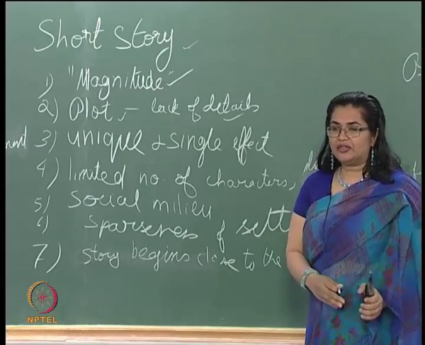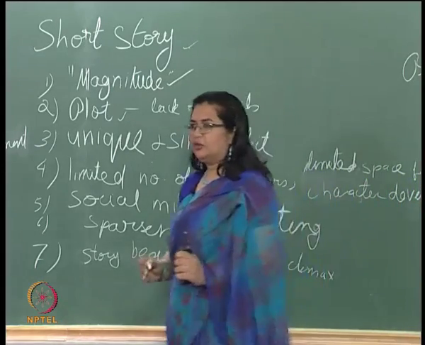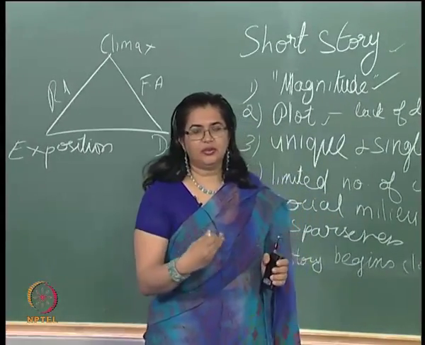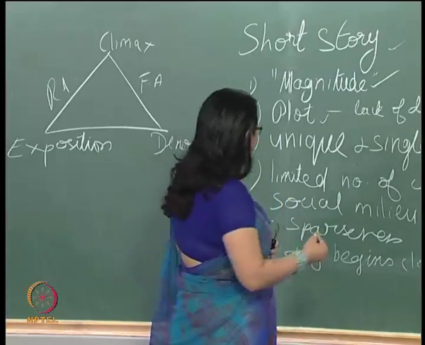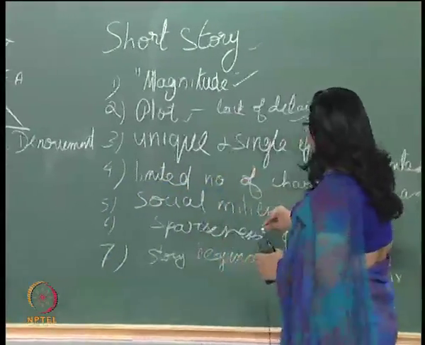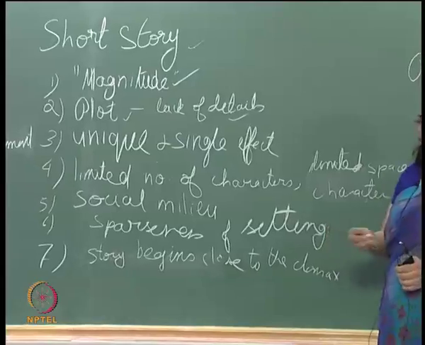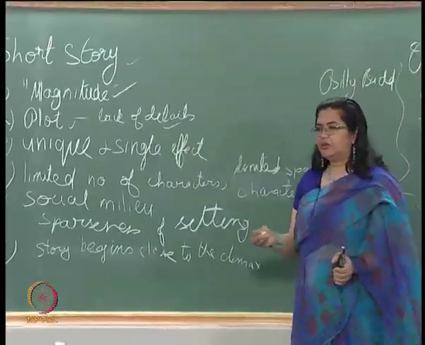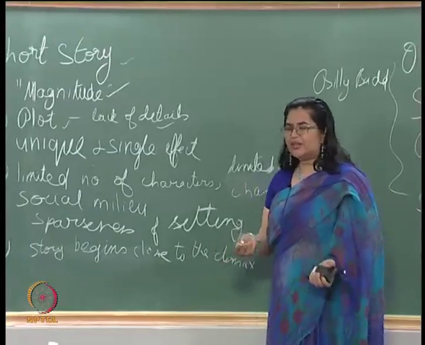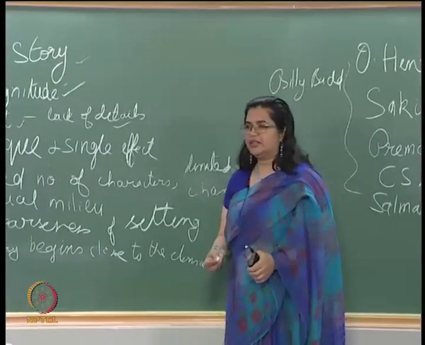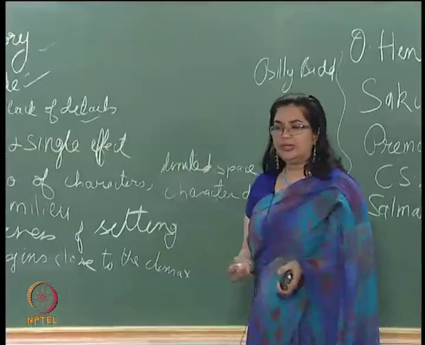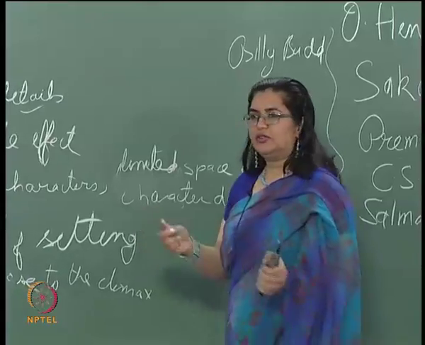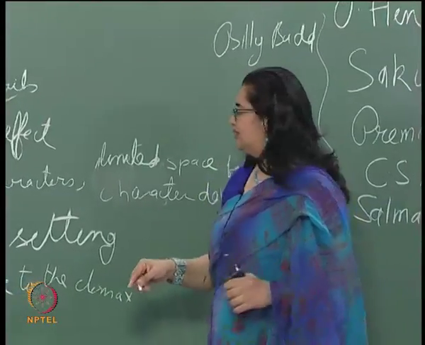As I was just talking about, we cannot afford to have too many digressions, too much detailing, too many descriptions. A short story, unlike a novel or a lengthy play, is limited to very few characters. You can compare it with Arthur Miller's play, which we just did. You have only two major characters, and Clara makes an appearance now and then, but the story is focused on two main characters.